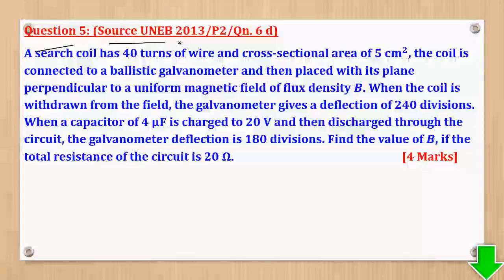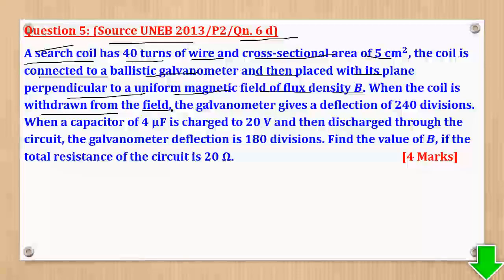Then question 5 came from UNEB 2013 paper 2 question 6D and says a search coil has 40 turns of wire and cross-section area 5 centimeters squared. The coil is connected to a ballistic galvanometer and then placed with its plane perpendicular to a uniform magnetic field of flux density B. When the coil is withdrawn from the field, the galvanometer gives a deflection of 240 divisions.